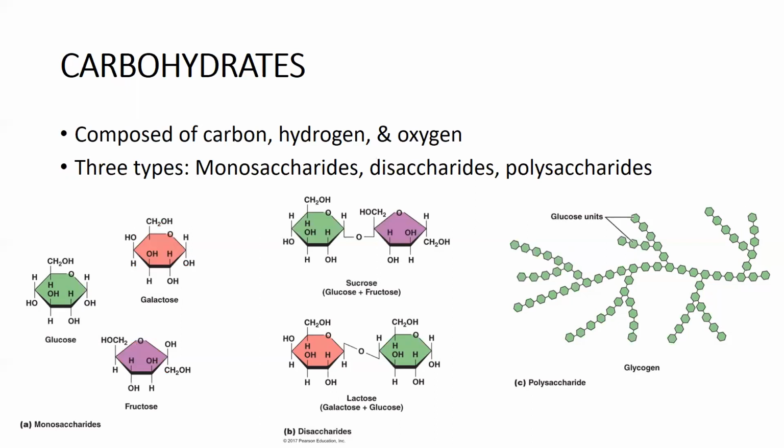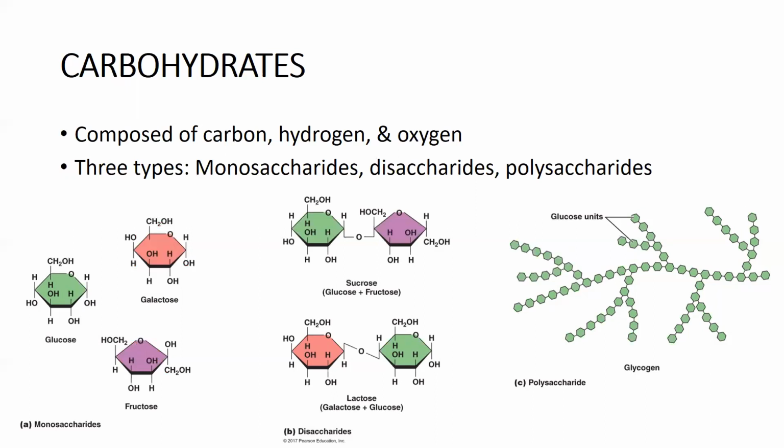The third example we have are polysaccharides, and these are much more complex carbohydrates. The example we're looking at here is glycogen, and we can see this is made of several storage units of these monomers that we talked about first. So the example with glycogen is the storage of glucose. Where do we typically find glycogen?